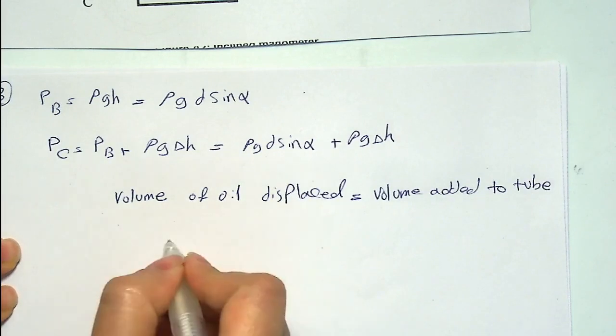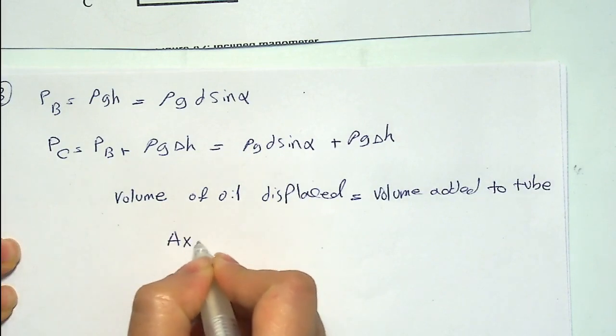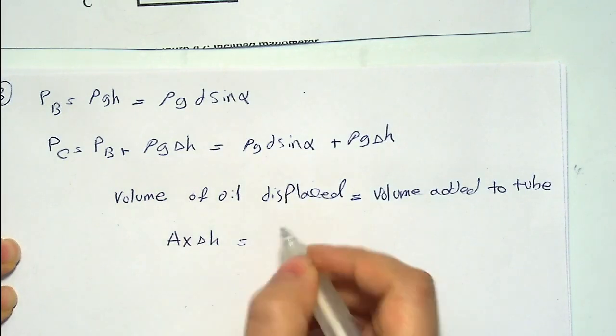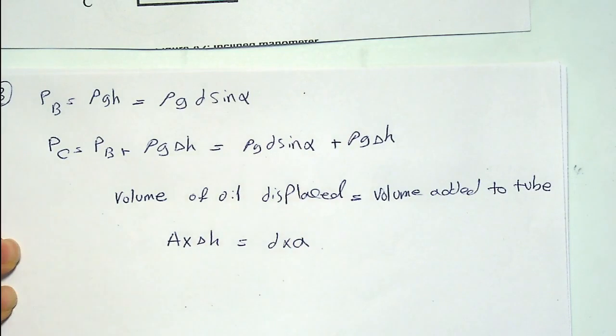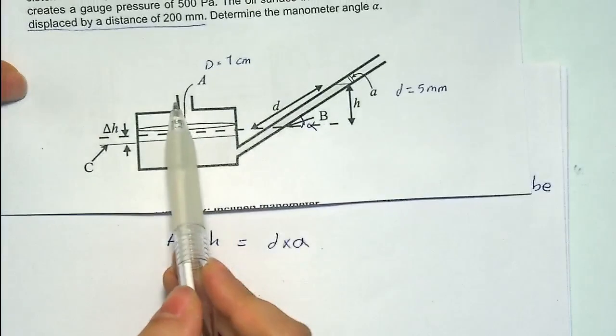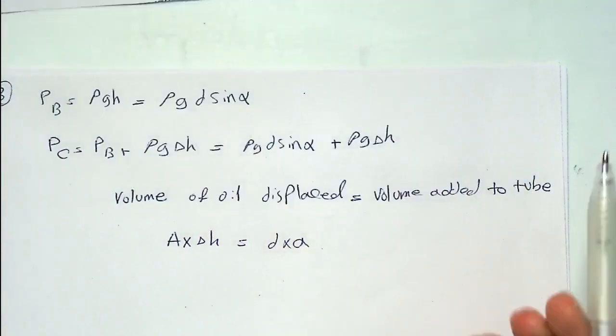The volume of the displaced oil is the cross-sectional area multiplied by the height, and on the other side again the height multiplied by the cross-sectional area. A is the cross-sectional area of the cylinder, and this is a, the cross-sectional area of the tube.